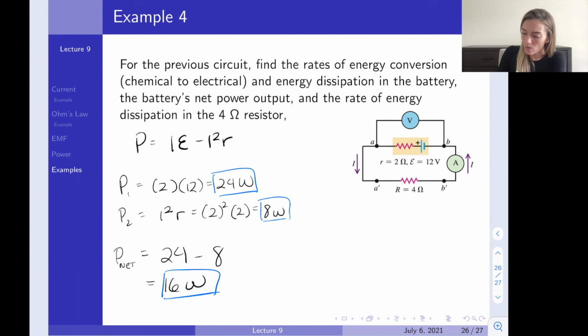And now we want to know, what's the rate of energy dissipation in the 4 ohm resistor? You can kind of guess what it's going to be already if you think about conservation of energy, but we can also double check.